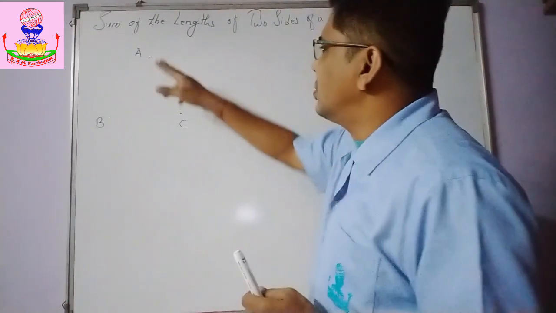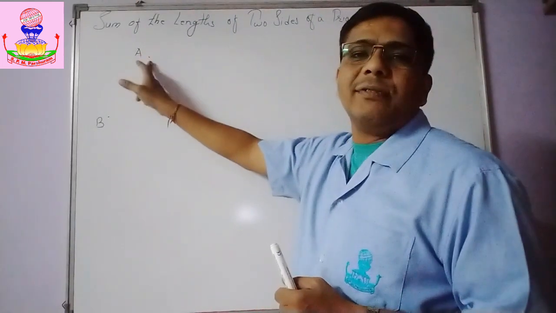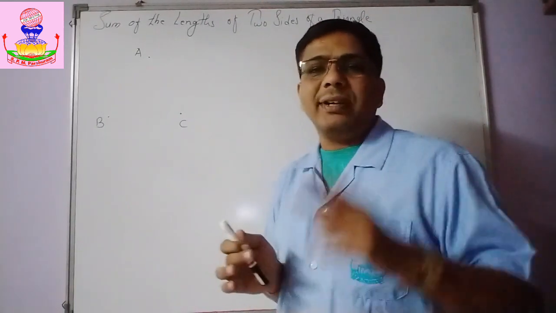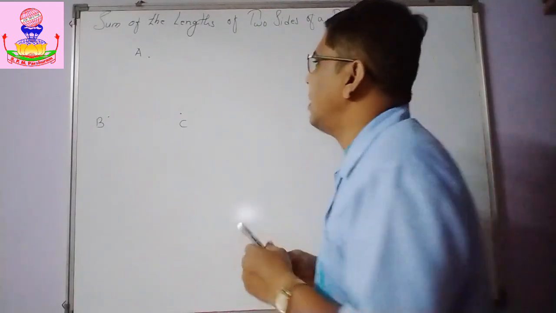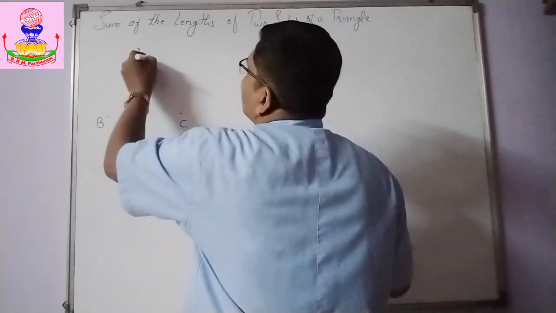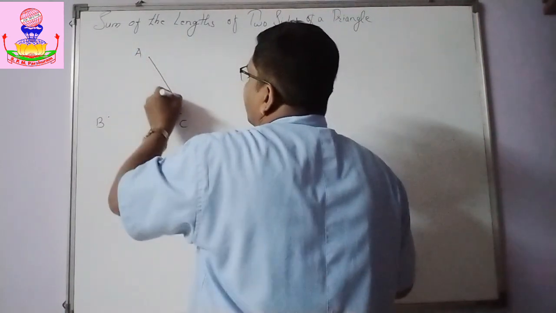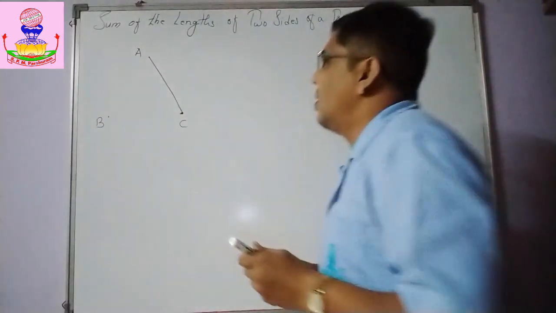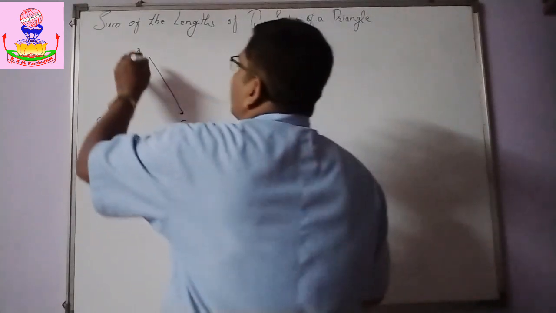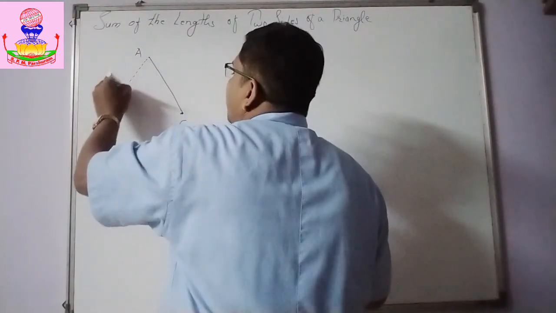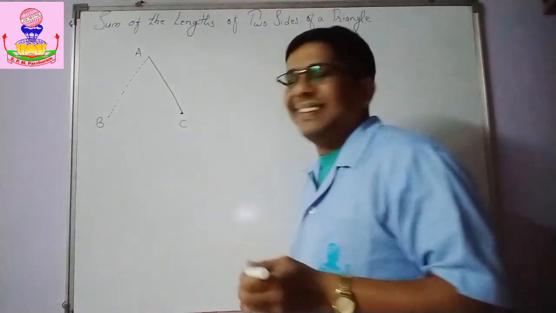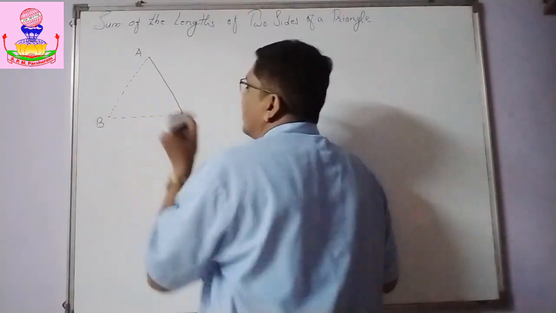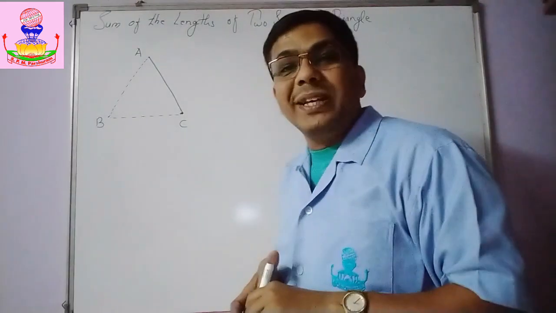And I asked one of the students to start from A to reach C. So there are two ways he can go. Either he can go from A to C straight away, right? Or he can start from A, he can reach B, and then B to C. Which will be the easiest way?